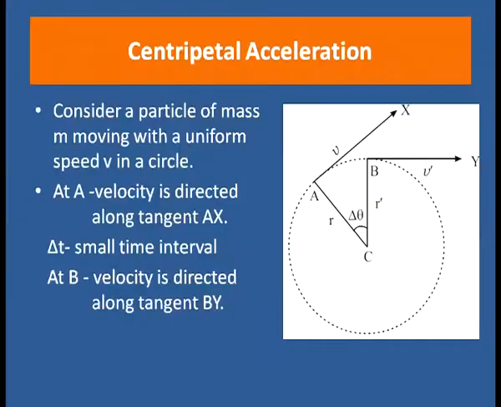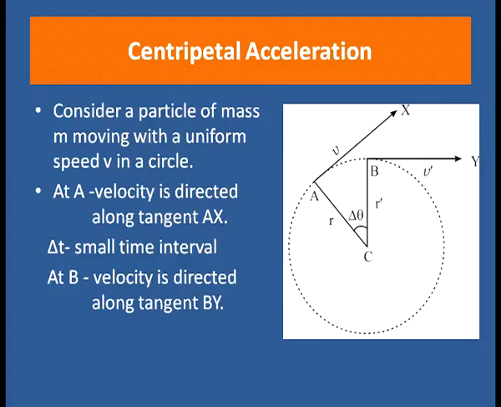Now, let us find out the expression for centripetal acceleration. For this, consider a particle of mass m moving with a uniform speed v in a circle. Suppose at point A, velocity is directed along the tangent AX.